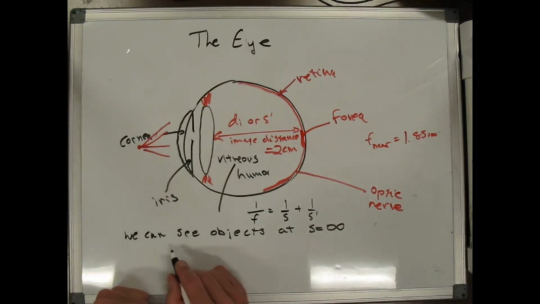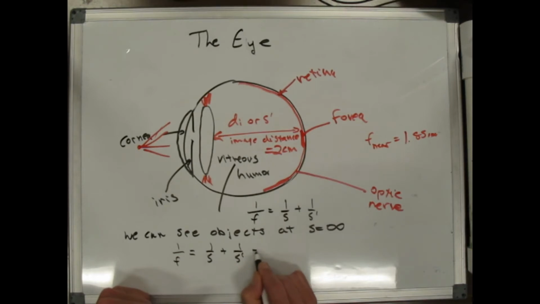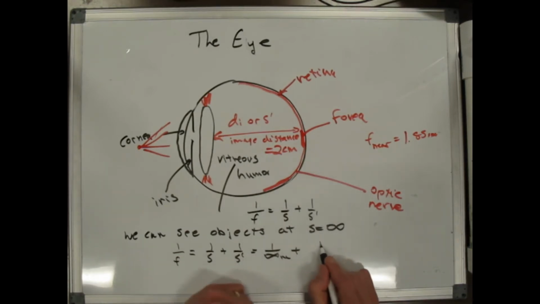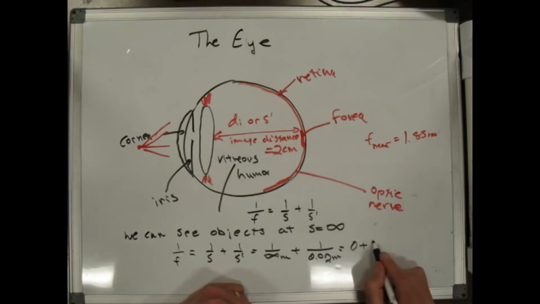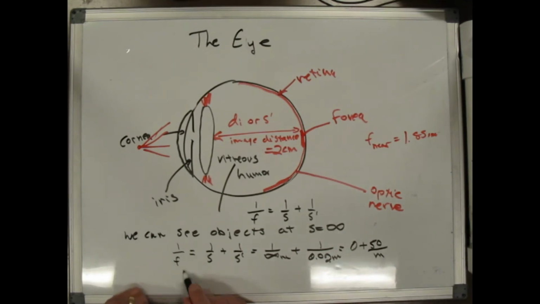And so we can say, look, in this case, 1 over f for an object that's infinitely far away, 1 over s plus 1 over s prime, which is 1 over infinity, plus, again, the image distance doesn't change, again, 1 over 0.02 is 50, and so that means that the focal length is 0.02 meters, which is 2 centimeters.